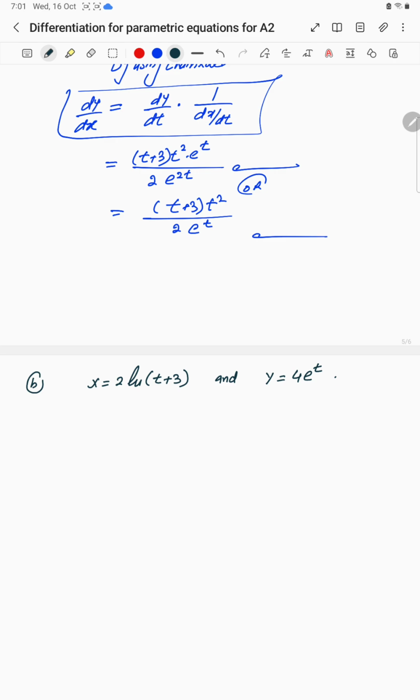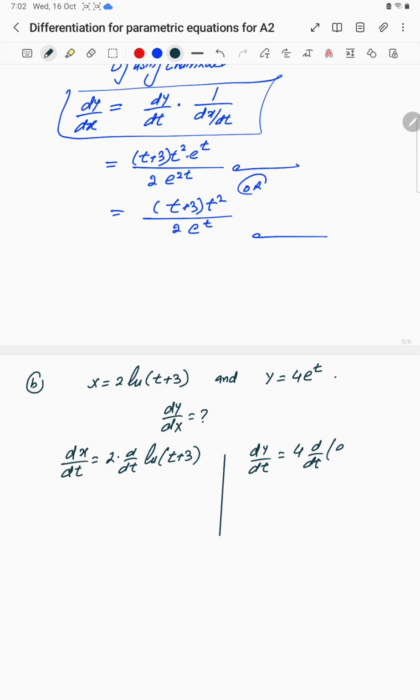Right guys, this time we have a question: x is equal to 2 natural log of t plus 3 and y equal to 4 e power t, and we have to find dy by dx in terms of the parameter t. So we can differentiate the first, dx by dt, 2 times d by dt of natural log of t plus 3, and here dy by dt, 4 times d by dt of e power t.